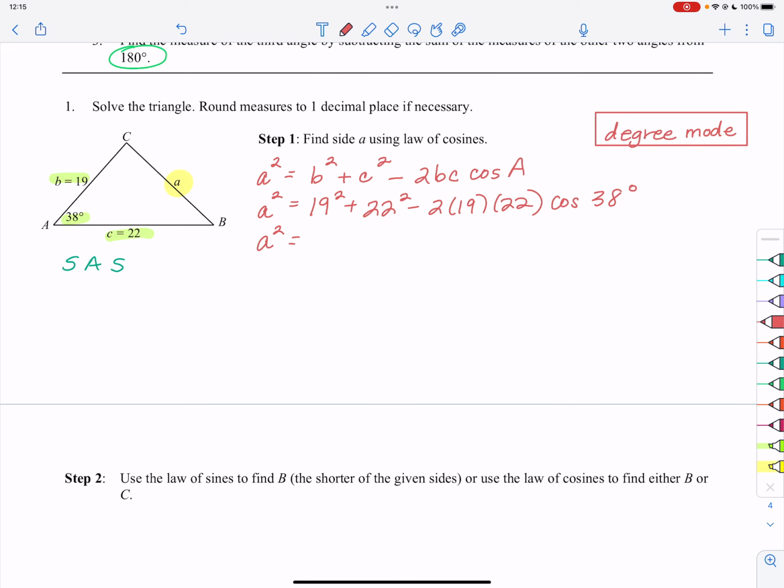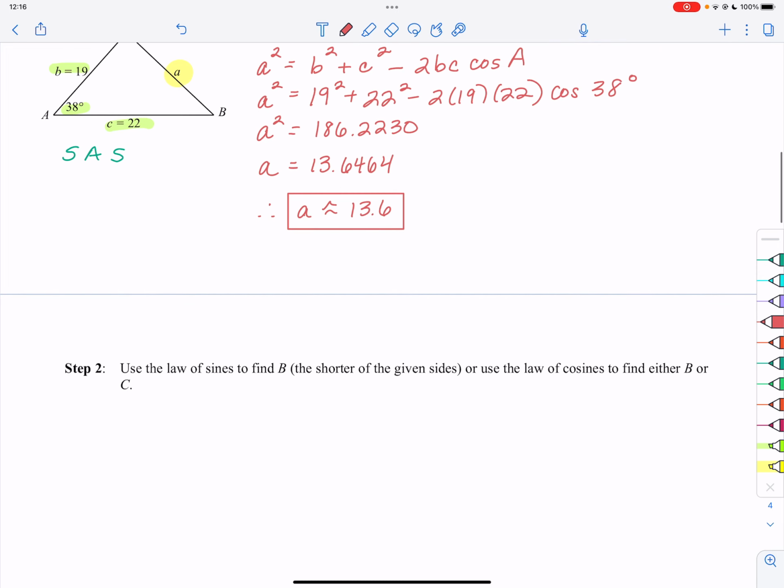Okay? And you will come up with 186.223. So if we take the square root of that, we get approximately 13.6464. So A is approximately 13.6.